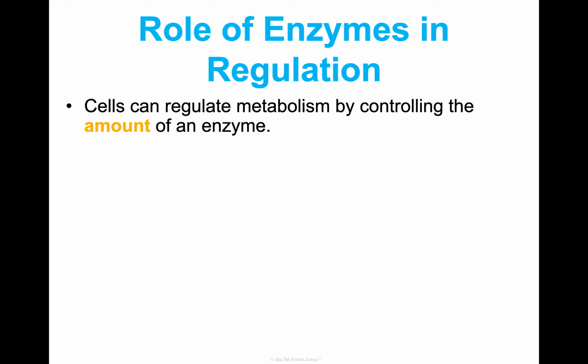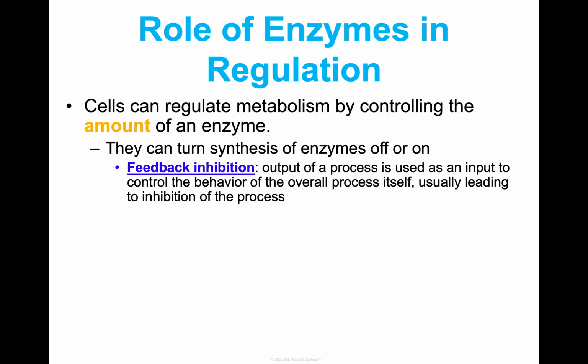So how can we regulate using enzymes? Well, we can regulate metabolism by controlling how much of an enzyme there is. We can turn on and off the synthesis of enzymes in order to control the rate of reaction. Feedback inhibition is specifically where the output of a process is used as an input to control the behavior of the overall process itself, usually leading to inhibition.